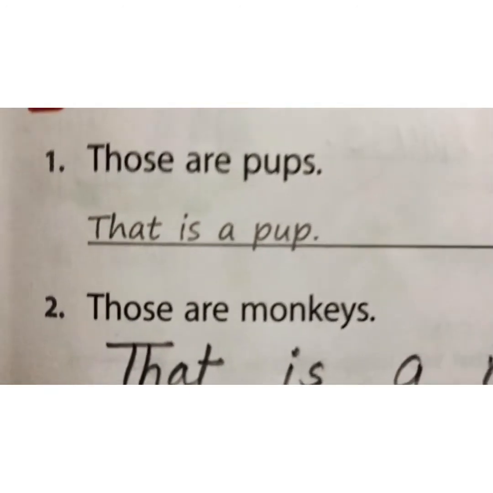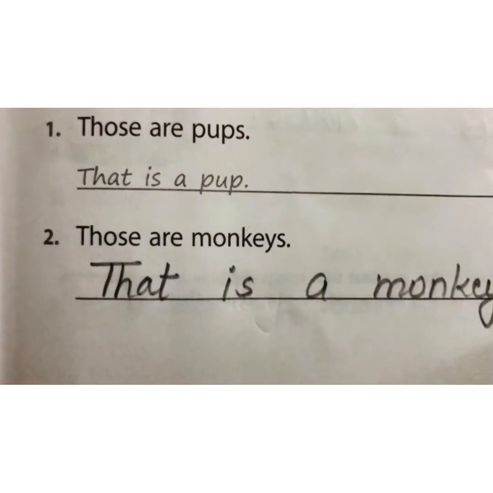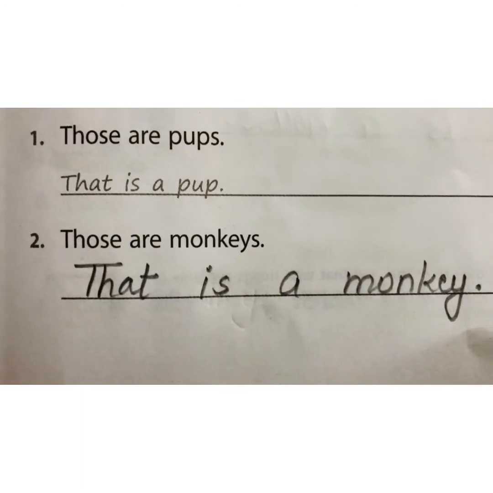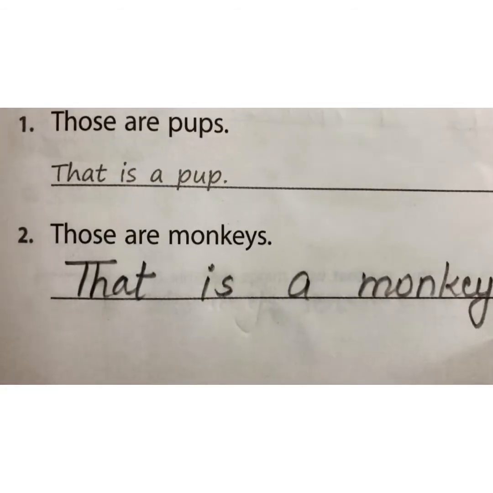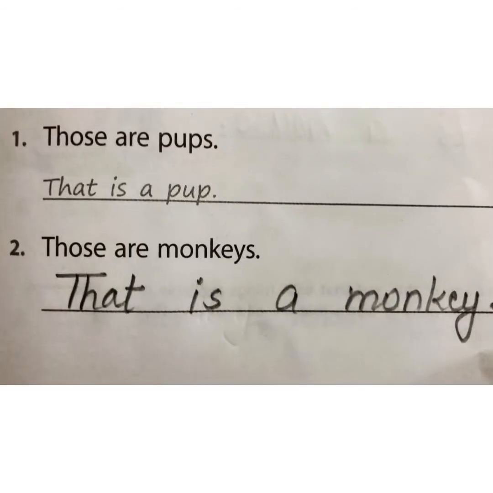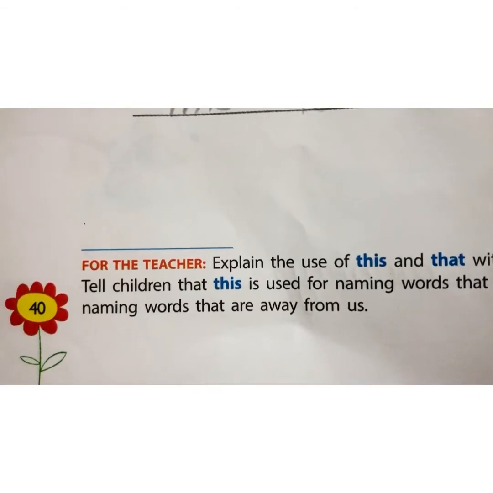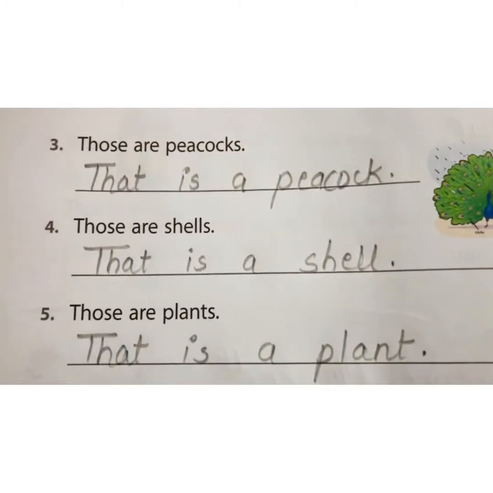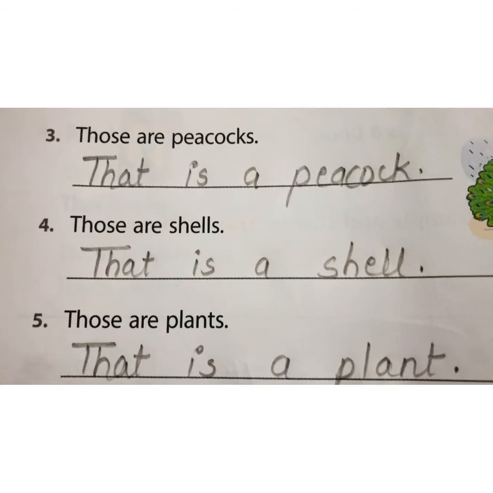That is a pup. Second, those are monkeys. That is a monkey. Questions are given on page number 40. Third, those are peacocks. That is a peacock.